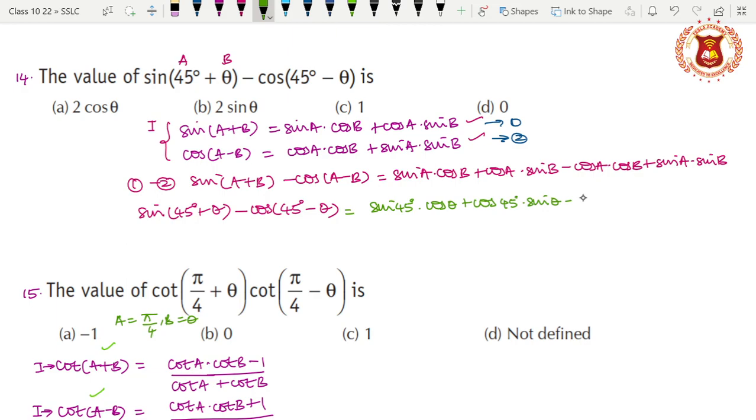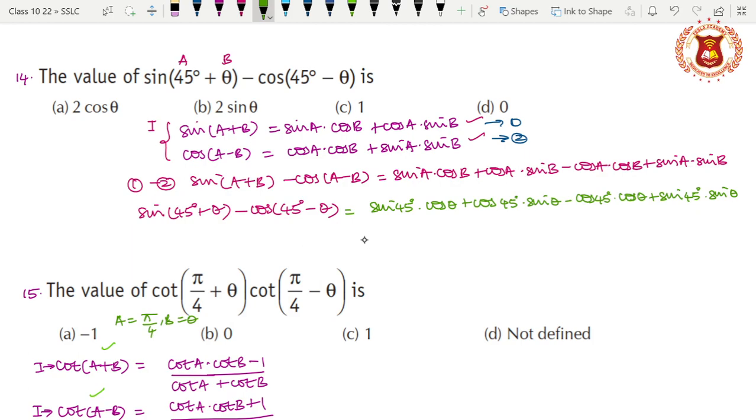Minus cos a, again cos 45 degree into cos theta, plus again sin a, which is sin 45 degree, into sin theta.